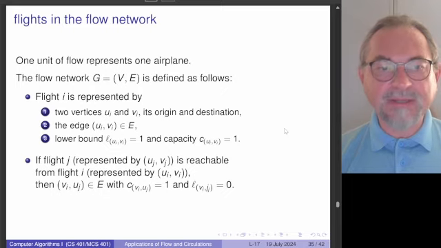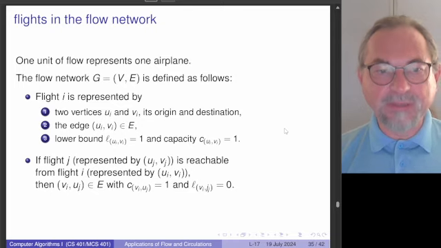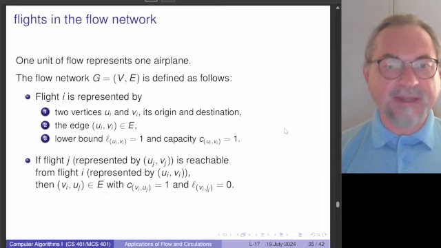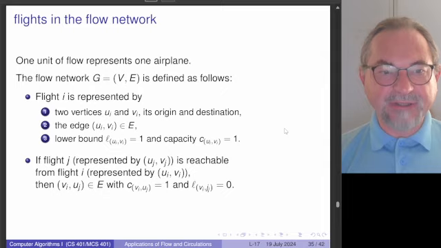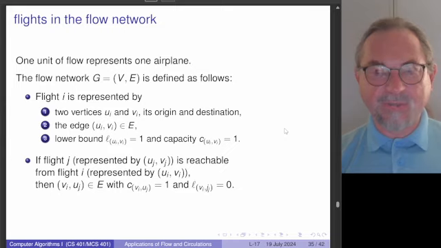If a flight j is reachable from flight i, then we indicate that there is an edge from the ith vertex to the jth vertex, and we have a capacity of 1 there and a lower bound of 0.